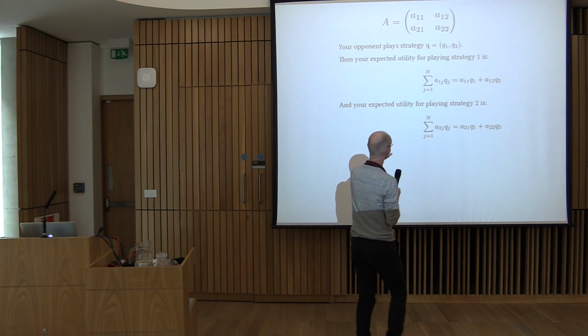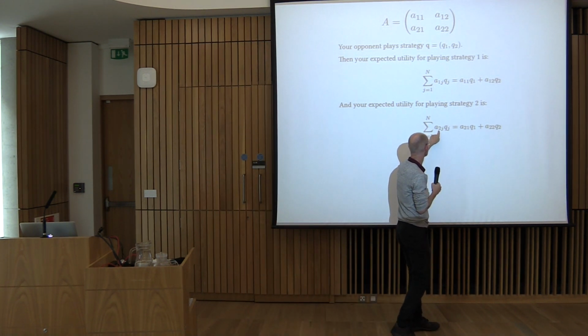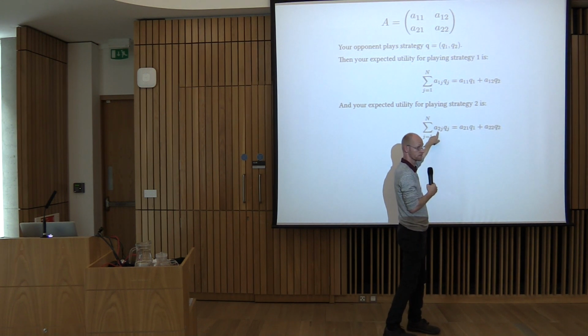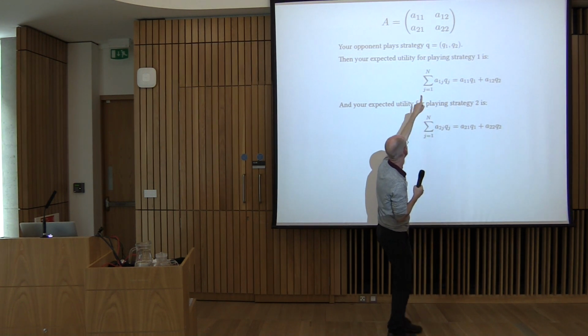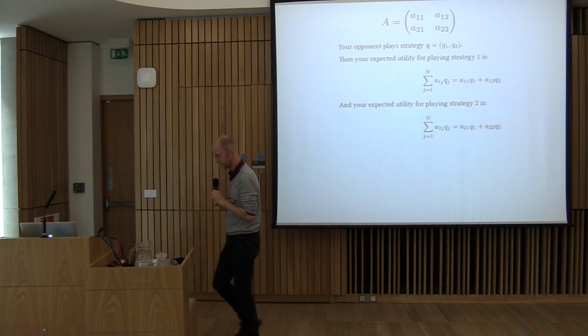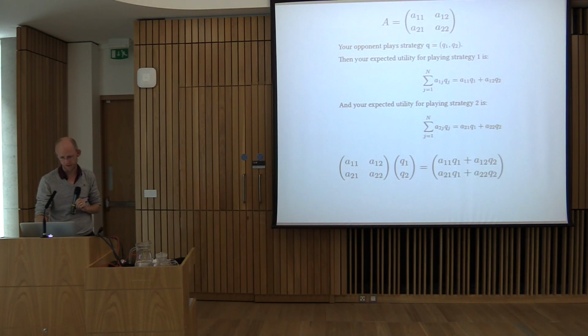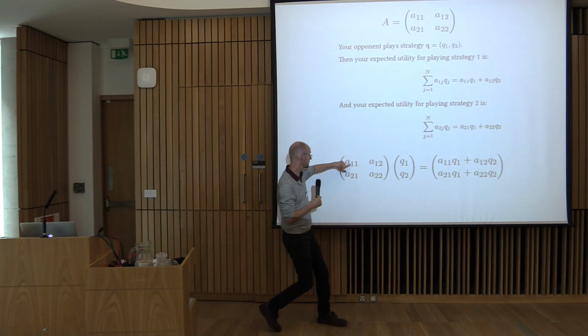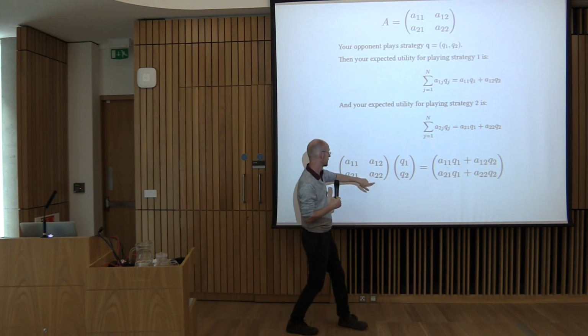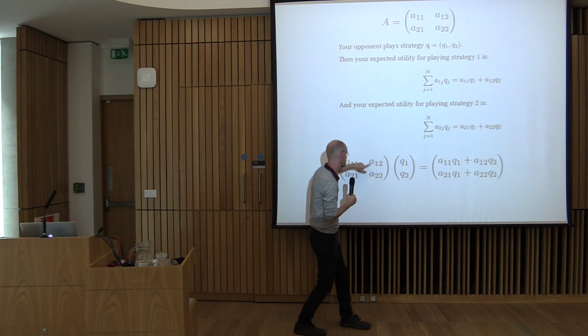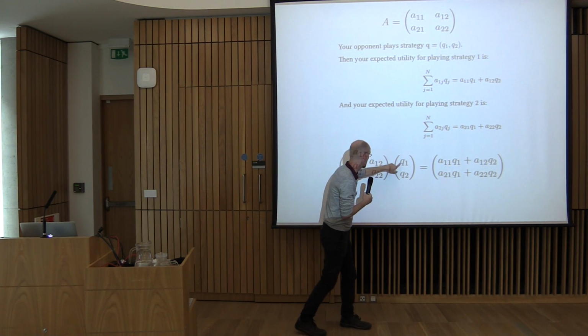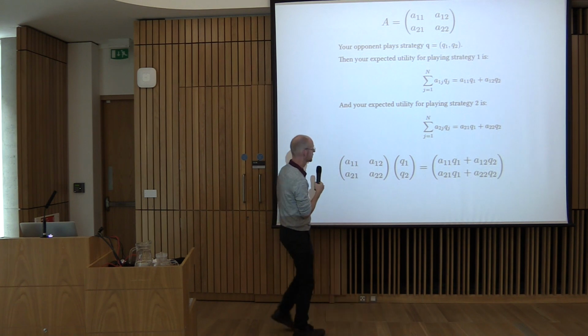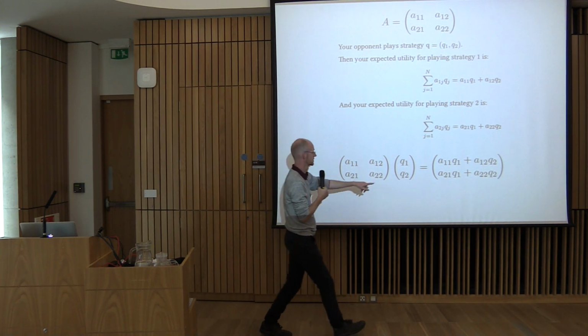In the same way, you can determine the expected utility of you playing A2, given that the other player has this strategy Q. That is just the utility matrix times the probabilities, and then you get this.